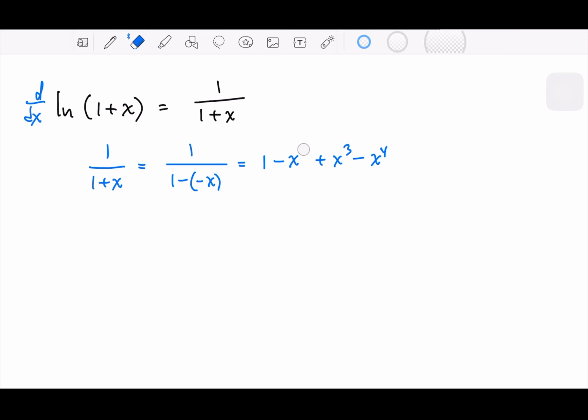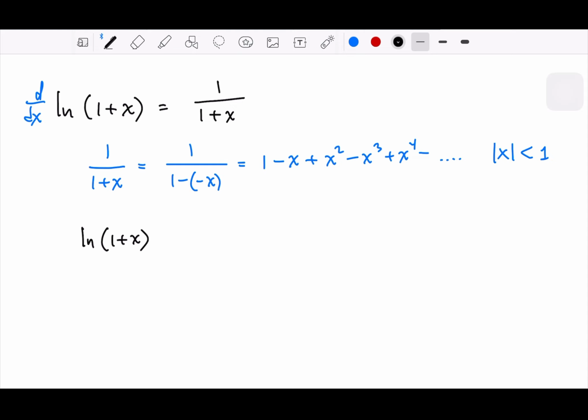Oh, sorry, wrong. And then we need to have our absolute value of x less than 1. So this ln 1 plus x is from the integration of 1 over 1 plus x dx.